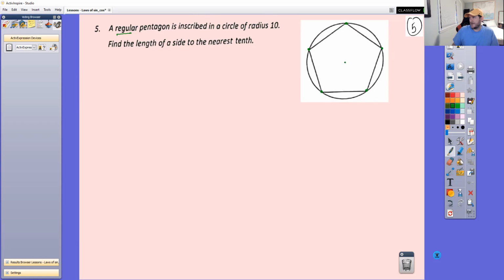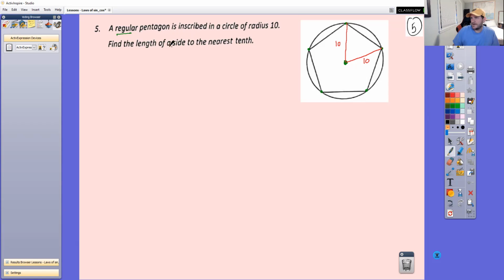That means our circle must have a center somewhere, probably right about here. And if you were to draw a radius of the circle to one of the vertices, that distance is 10. You could draw another radius to another vertex. That's 10. They're asking you to find the length of a side. These things are not being super specific.